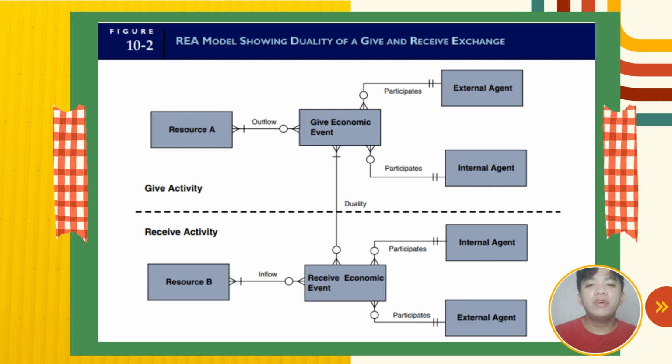The give activity refers to the action of providing resources to another party in an economic exchange. It involves the transfer of resources from one agent to another. The give action is a part of a two-sided transaction where both giving and receiving are interdependent. An example of this is a customer purchasing a product. Retail stores engage in the give activity by providing the customer with the product.